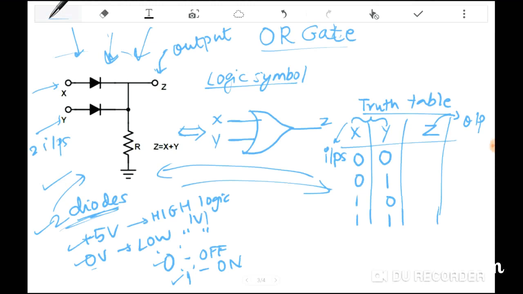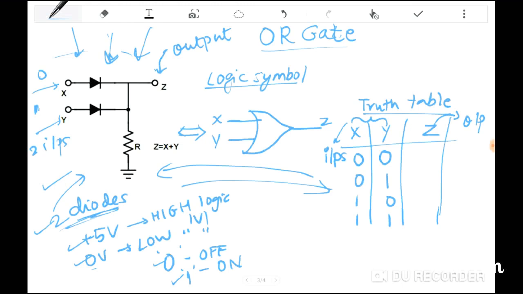Alright, so now let's go on to our truth table. As you can see, if we connect one high logic level to any of the inputs, what I am saying is, if this is 0 and this is 1, we will take the first condition. If this is 0 and this is 1, what is the condition telling us?